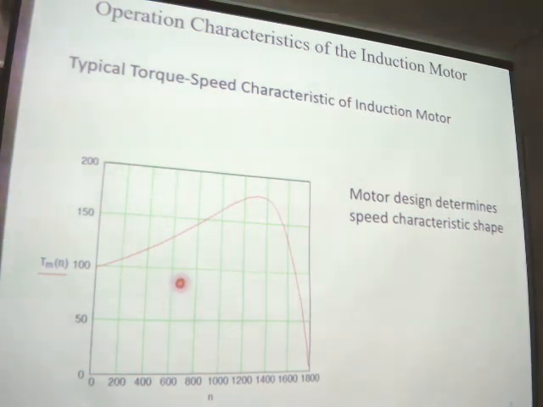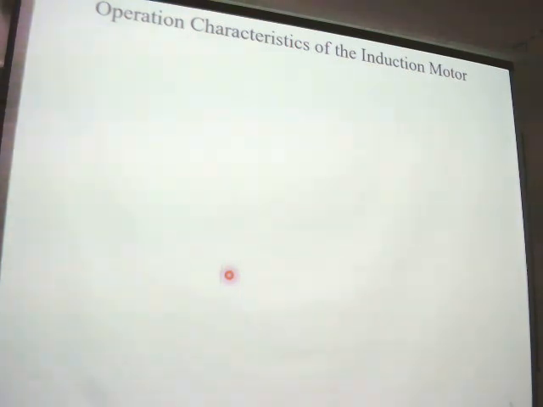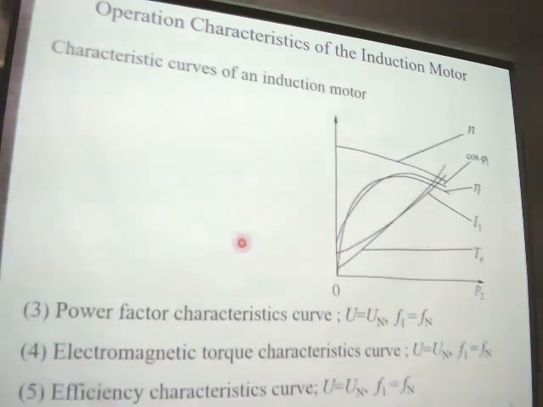This is the typical torque curve. The x-axis is speed, and the y-axis is torque. So it's a little different from this one, where the x-axis is the output power.